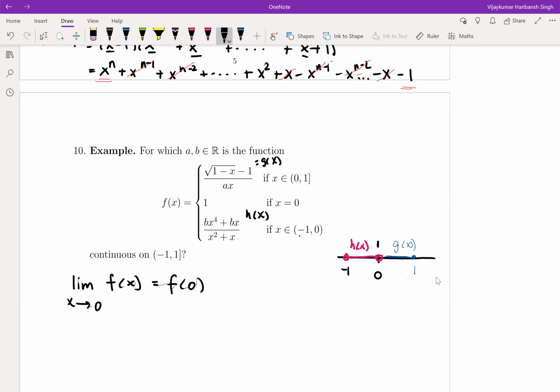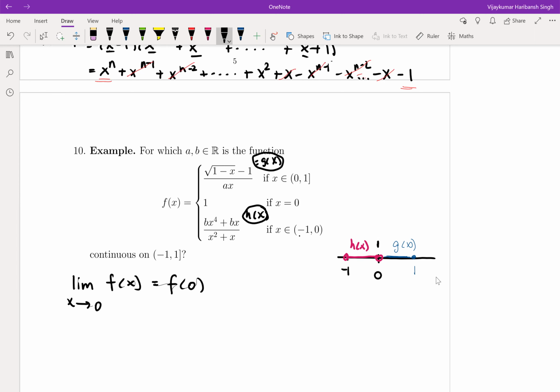It's a connecting link between h of x and g of x. That's how we can connect it and find the values of a and b, because our goal is to find values of a and b which will make it continuous. Now note that if you work it out, you could also find that there are no values of a and b which will work.